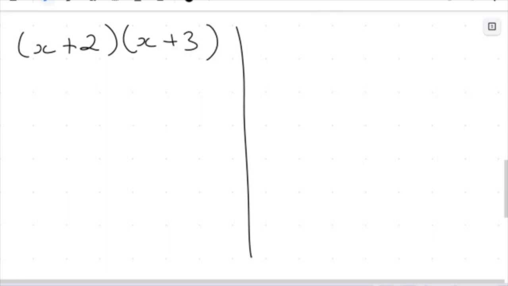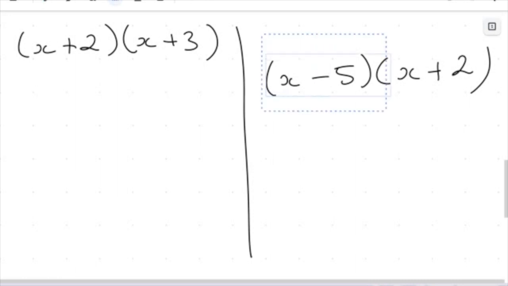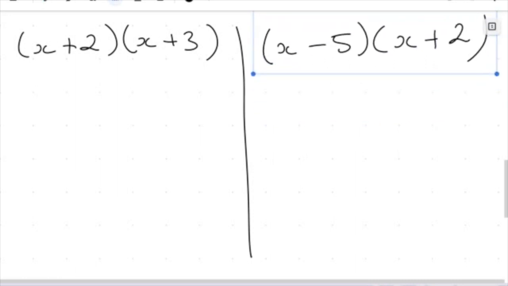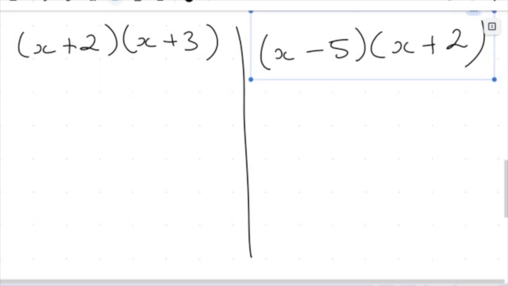Now let me do two expansions side by side. This may be a bit easier to visualize. Let's say here I had x plus 2, x plus 3, and I wanted to expand that. And then here I have x minus 5, x plus 2. I'm going to do these side by side, one by one. You can pause the video and do them on your own if you'd like to practice.